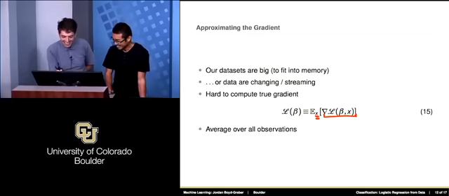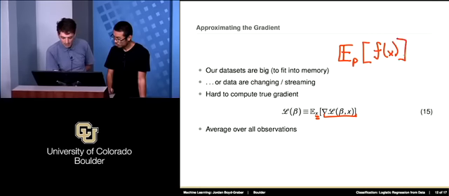Okay, all right. So the expectation. Let's define this notation. The expectation of some function is either the sum or the integral over all of the things in this universe of p of x times f of x.